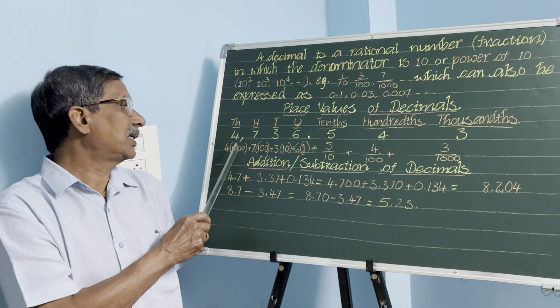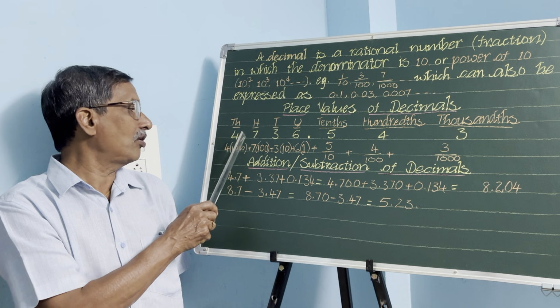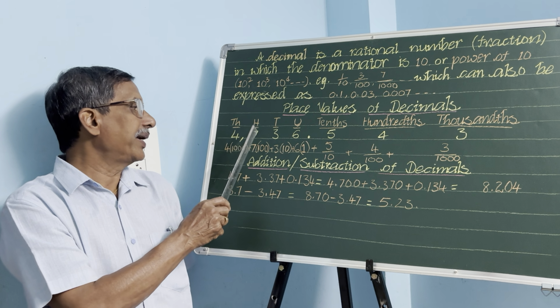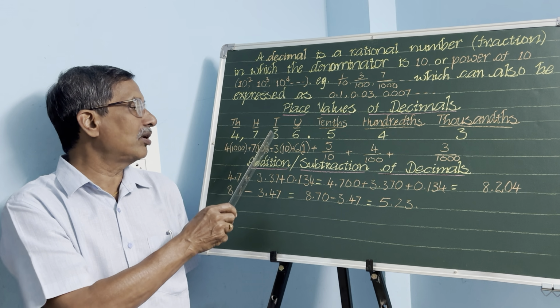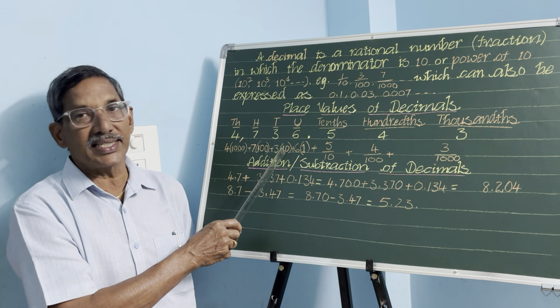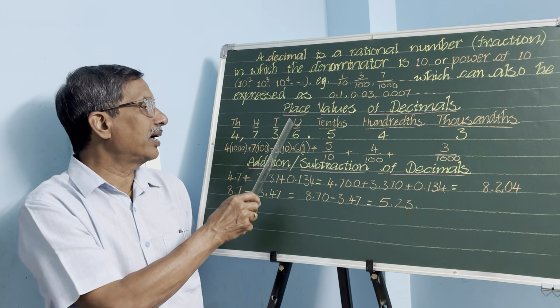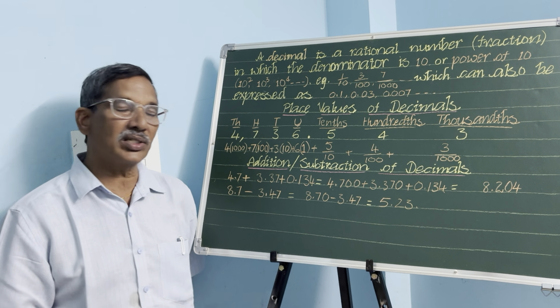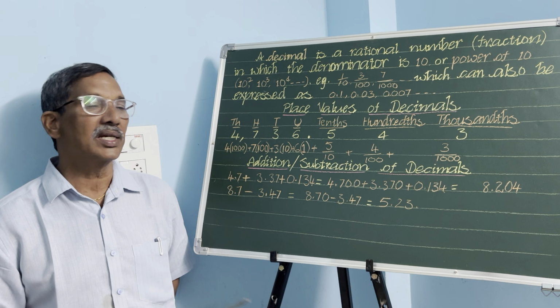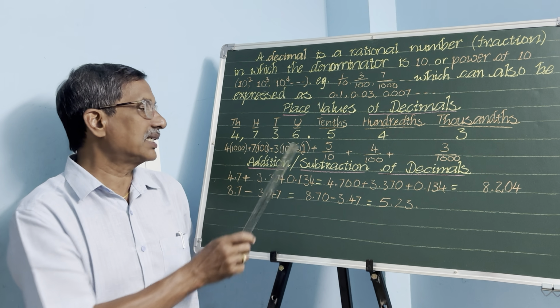Let us see the real value of the number. 4 is in the thousands place, so the value of 4 is 4000, and the value of 7 is 7 into 100, 700, and the value of 3 is 3 tens, that is 30, and 6 is in the units place, so the value of 6 is 6.